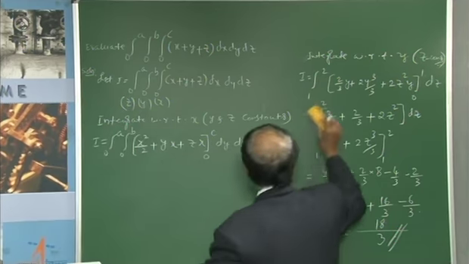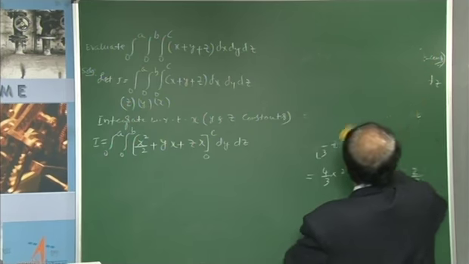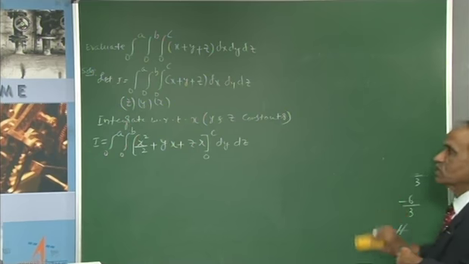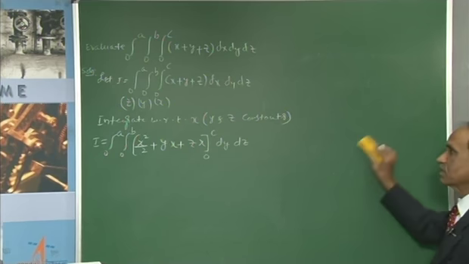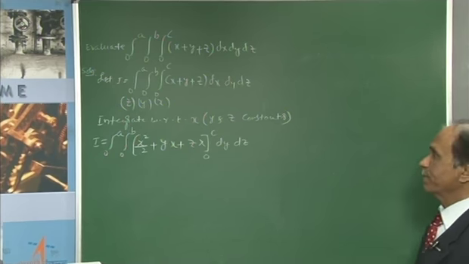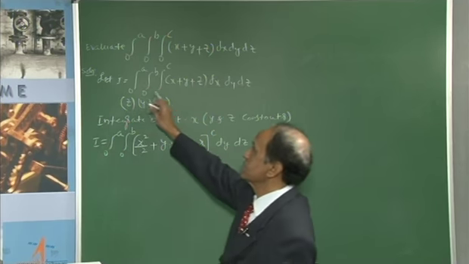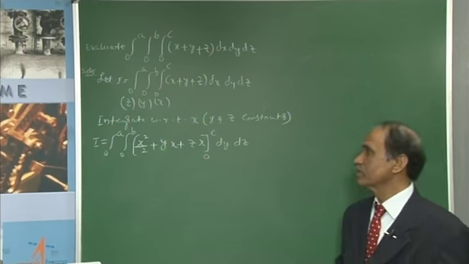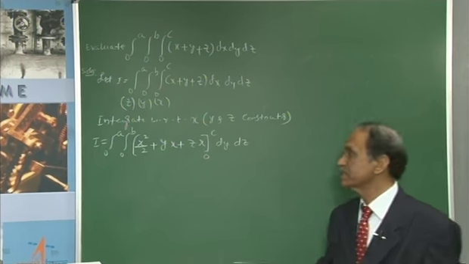Then you have to apply the limits. Only the upper limits will play the role, because for all the three integrals, the lower limits are given as 0, 0, 0. So only one value you can expect from the application of the upper limit in all the three cases.